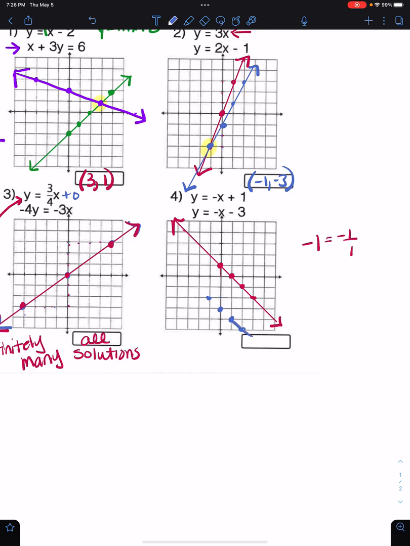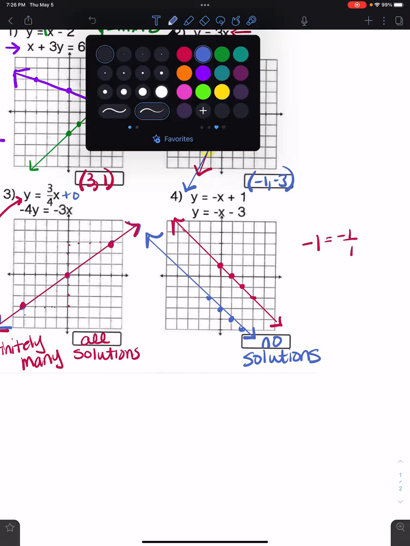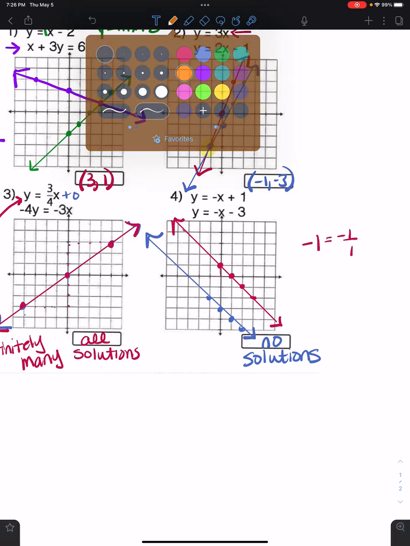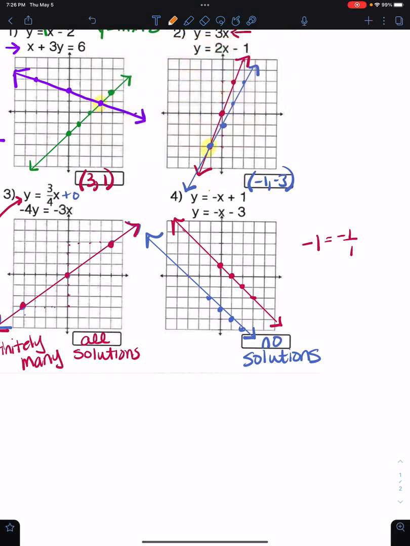So when I graph it, you can see that these are parallel lines. They are never going to meet, so it has no solution. So parallel lines have no solution. One thing to know about parallel lines, which we mentioned briefly way back when, is that parallel lines have the same slope.